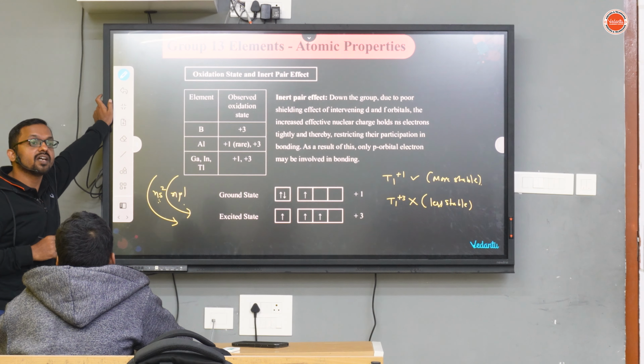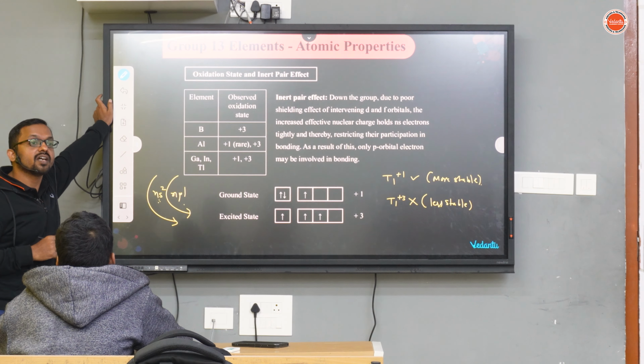Why? Because of the poor shielding of 4f14. So because of the poor shielding of 4f14, the ns electrons are closer to the nucleus. As a result, what happened? These electrons don't want to be involved in bond formation. Why? Because these are very, very close to the nucleus. Now can you remove these two electrons easily?